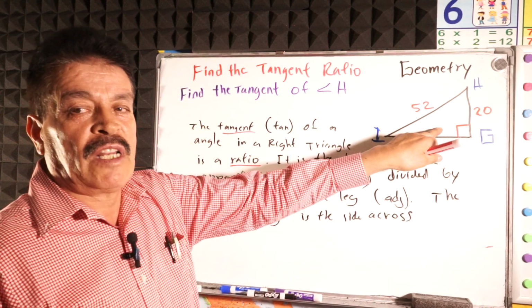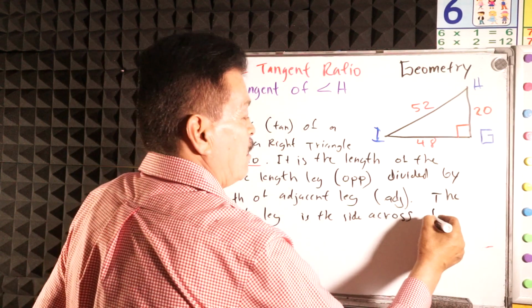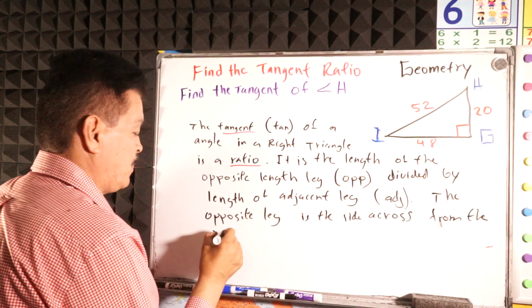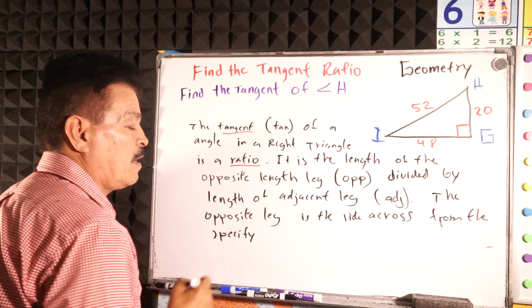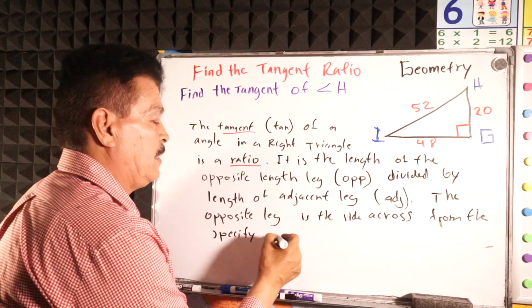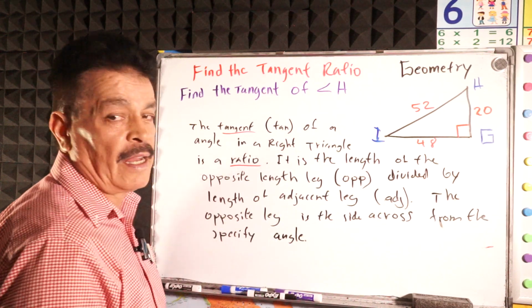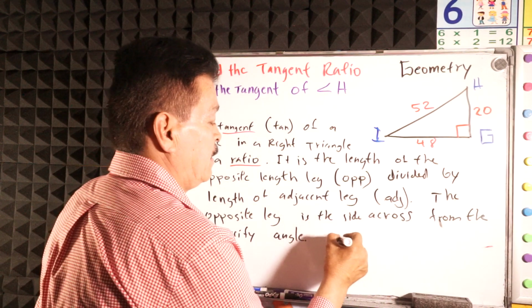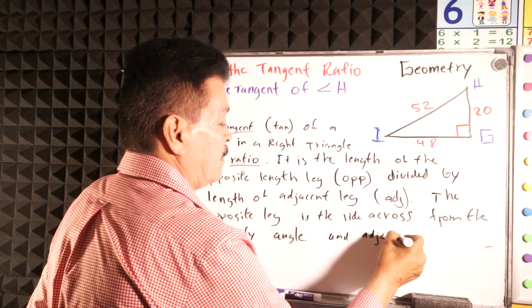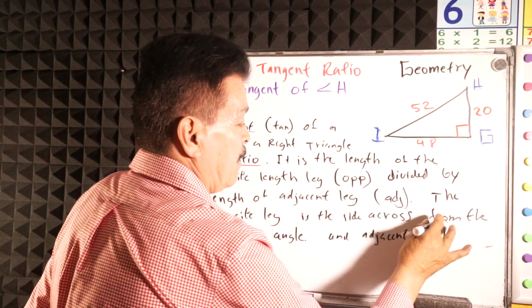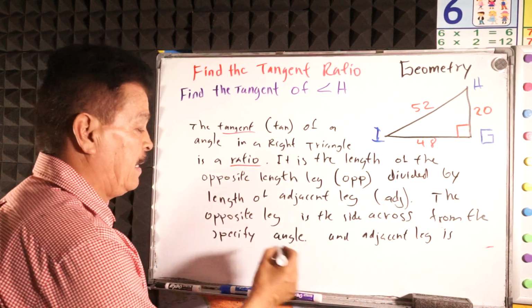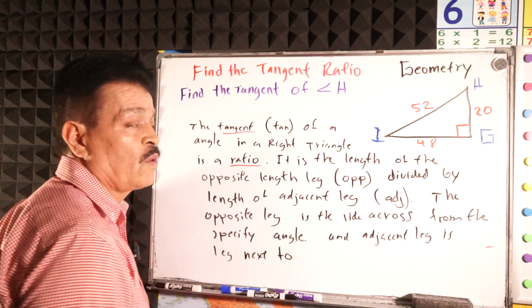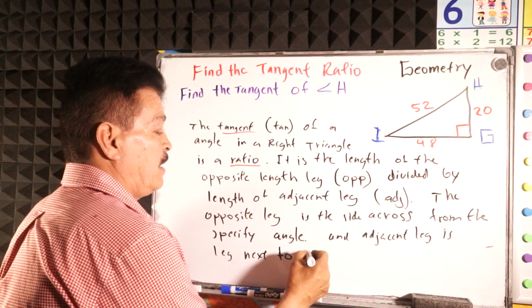Everything you are talking about in the triangle is from the specified angle. And the adjacent leg is the leg next to the specified angle.